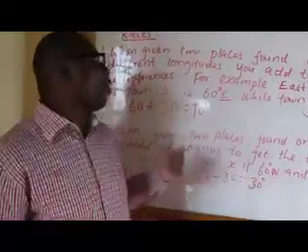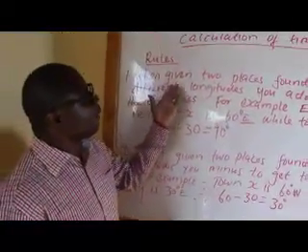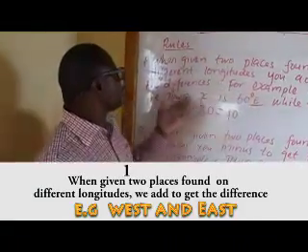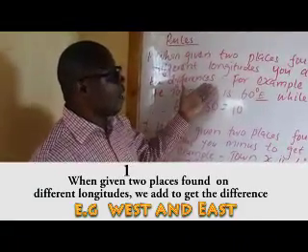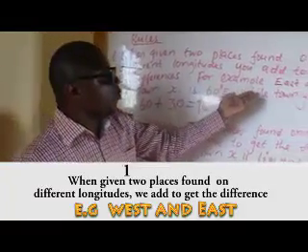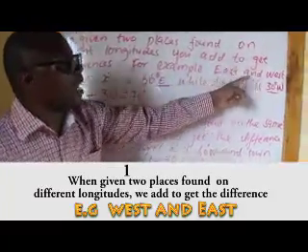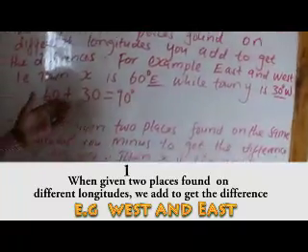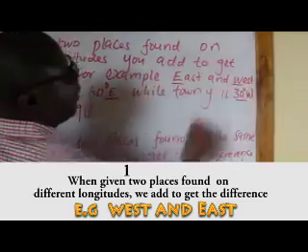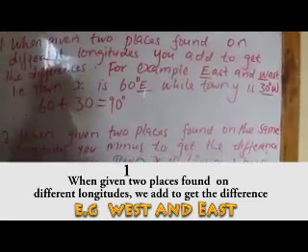Rule number one is that when given two places found on different longitudes, you add to get the difference. For example, if you have been given a question showing east and west, you realize that east and west are two different longitudes.